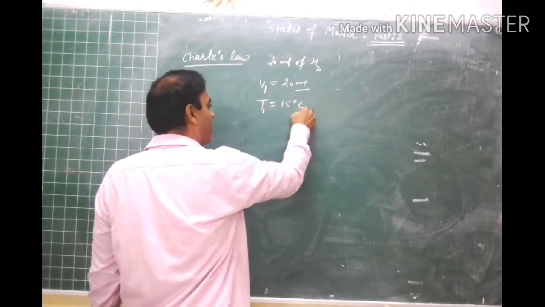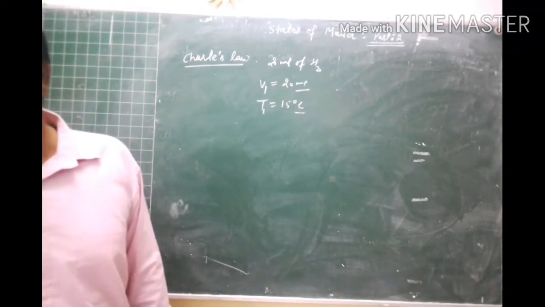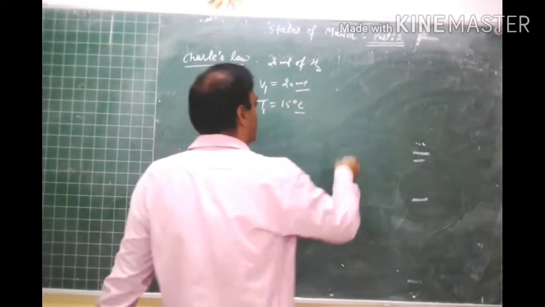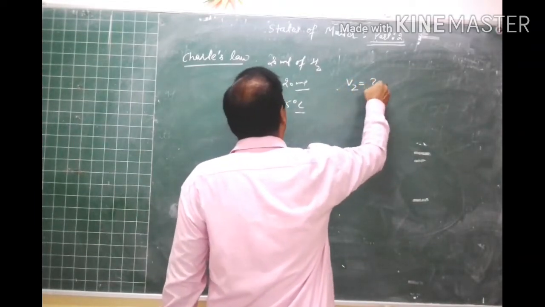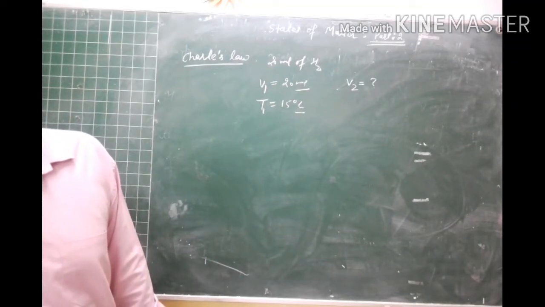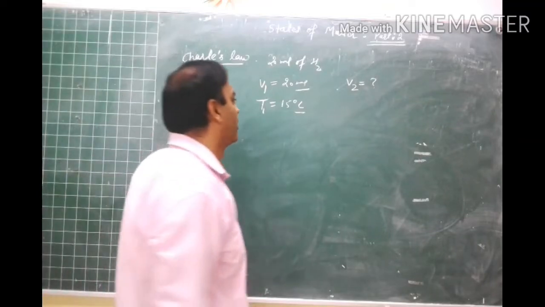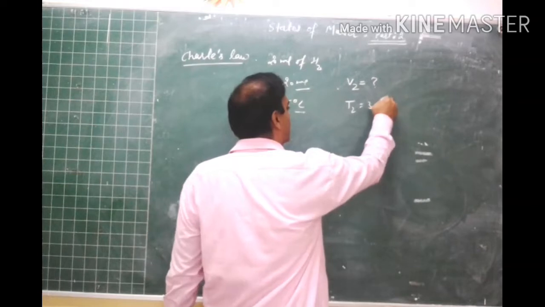So the initial temperature is 15 degrees Celsius. What is the new volume at the same pressure? So we will have to find V2, the new volume at the same pressure and at the new temperature, that is 35 degrees Celsius.